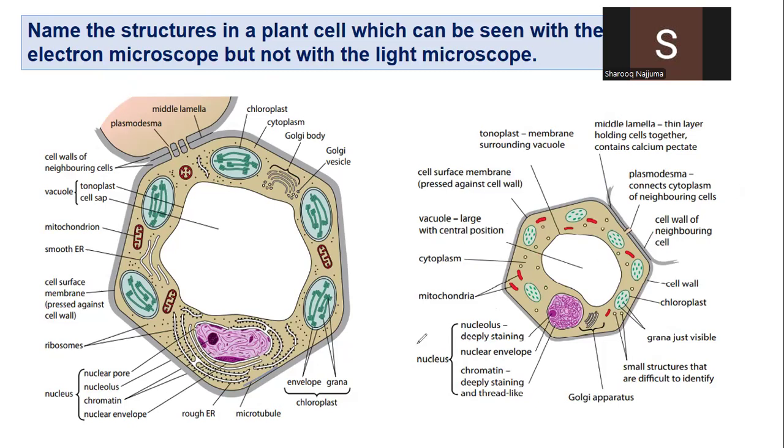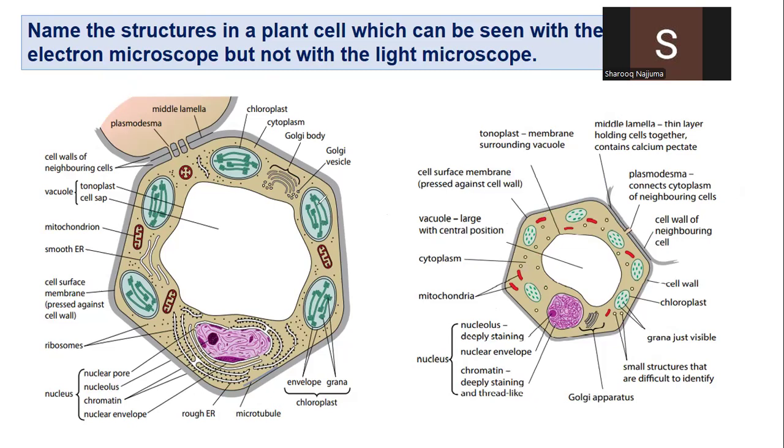We can still see the nucleus with two membranes. This side it has one membrane, nuclear pore, no nuclear pore this side, rough endoplasmic reticulum, non-existent this side, ribosomes, non-existent, mitochondria with two membranes, this side it's not seen. You can see the chloroplast with its double membrane, this side, you'll not be able to see that.